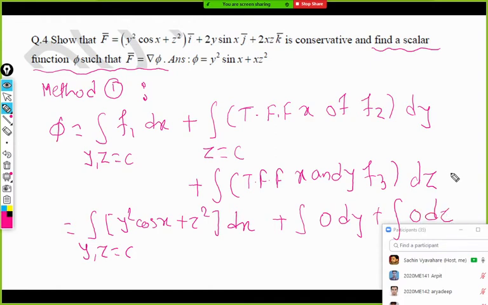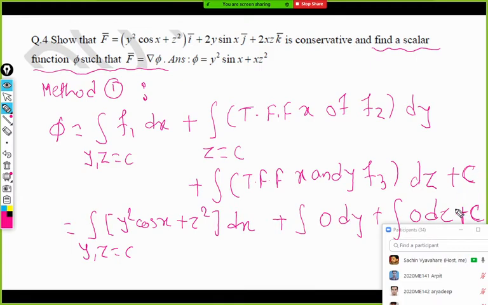In many places some authors write plus c as a constant of integration, and in some places it is not written. The choice is yours. If you write plus c, that is also correct. Without plus c, it is often considered correct too. It is a more general solution with a plus c.